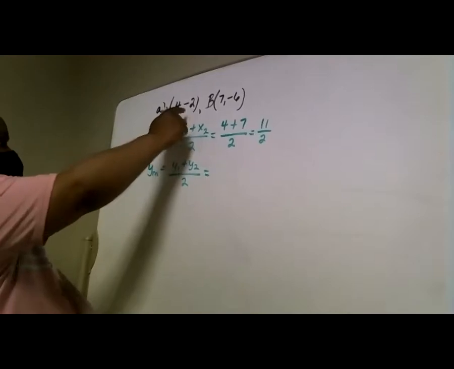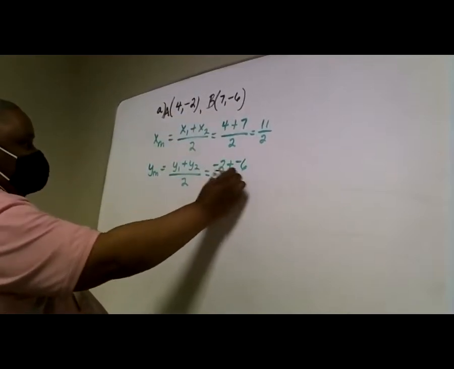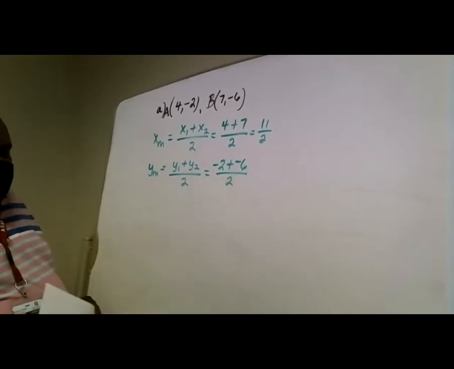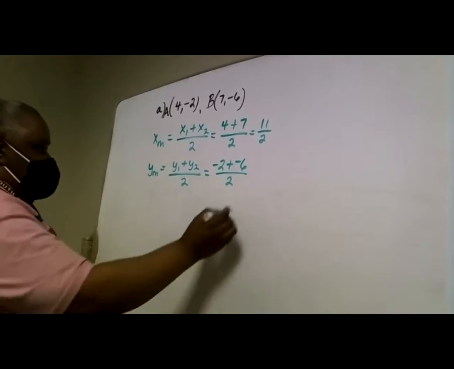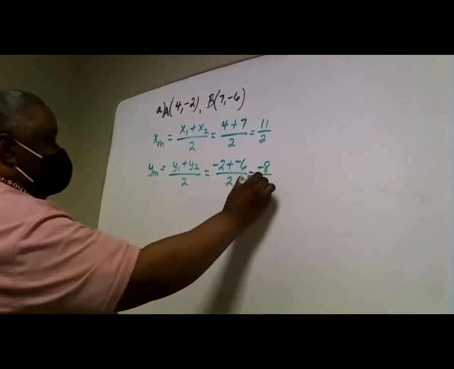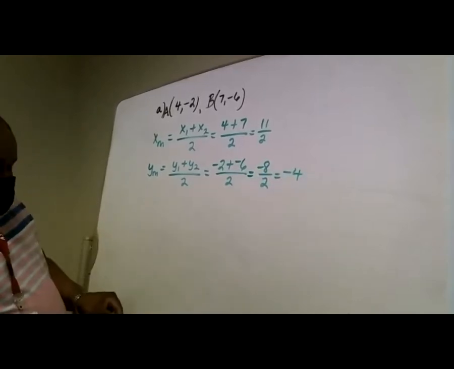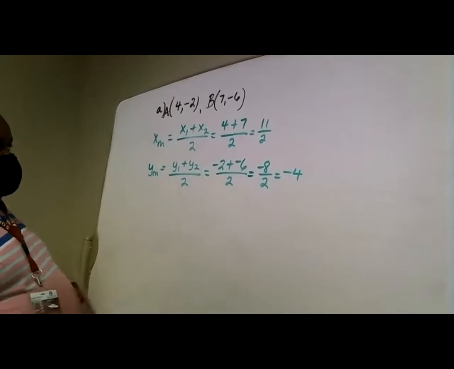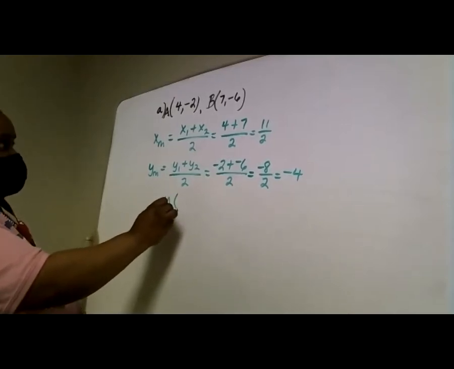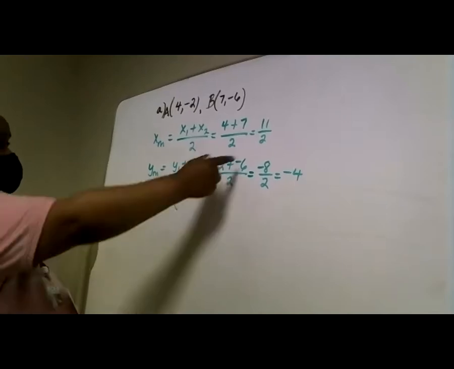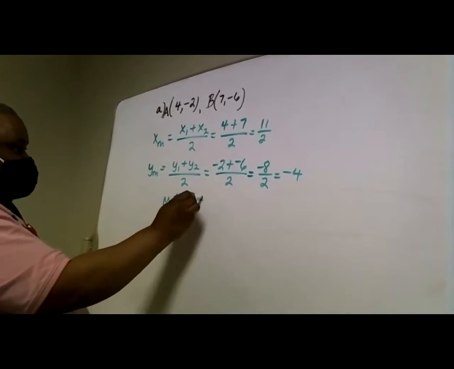So Y1, that's -2, plus Y2, that's -6. That sum would be divided by 2. So -2 plus -6 is -8, divided by 2, that'd be -4. So our midpoint, I'm going to label that as M, is the ordered pair 11 halves, -4.